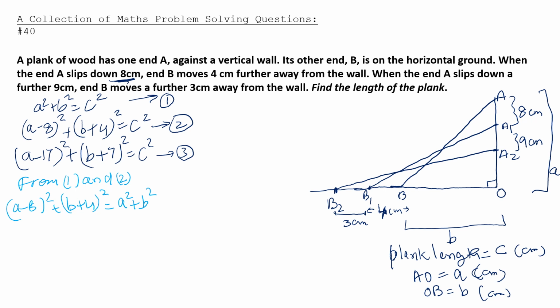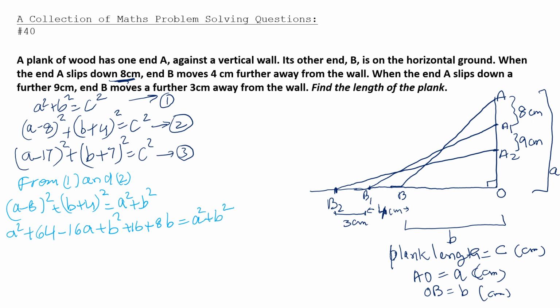I can expand this: A square plus 64 minus 16A plus B square plus 16 plus 8B equals A square plus B square.